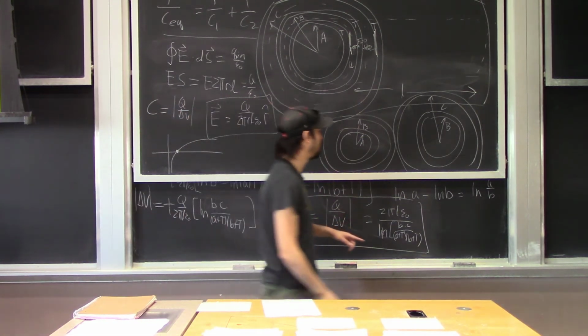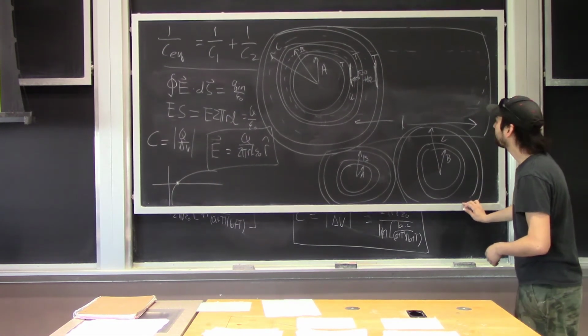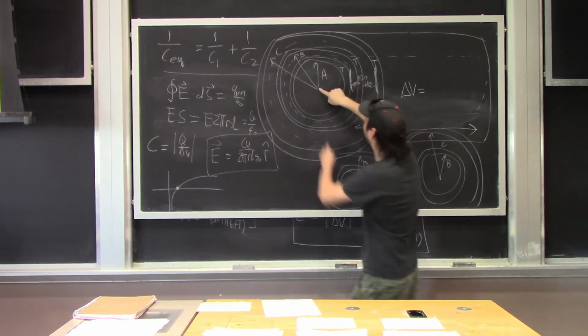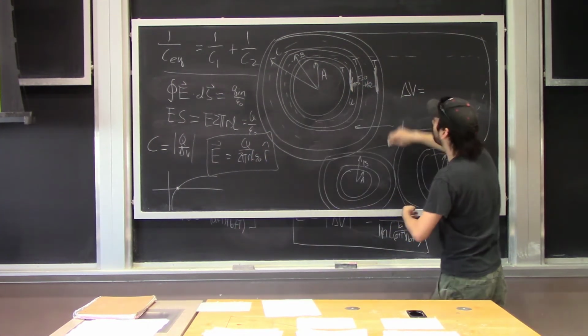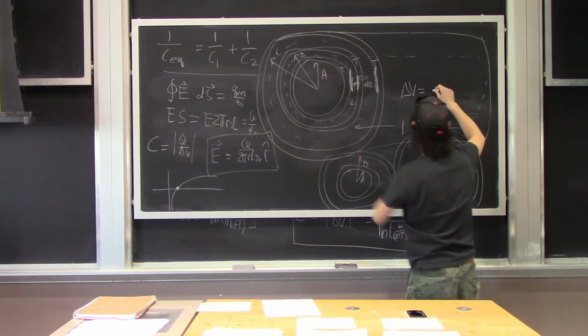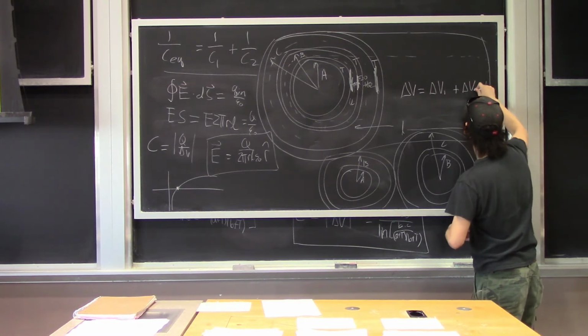And the reason for that ultimately comes down to the fact that I can write the difference in electric potential from this surface to this surface as a sum of the difference in electric potential between here and here and here and here, and so call this delta V1 plus delta V2.